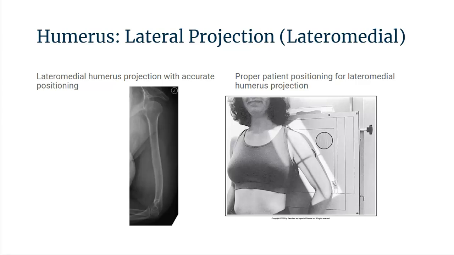This misalignment results in the capitulum appearing posterior to the medial trochlea. A distorted proximal forearm will occur, and the lesser tubercle will be in partial profile. Proper internal rotation is necessary to prevent these errors.